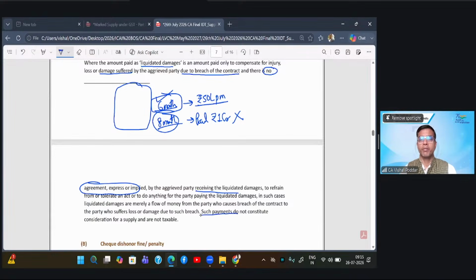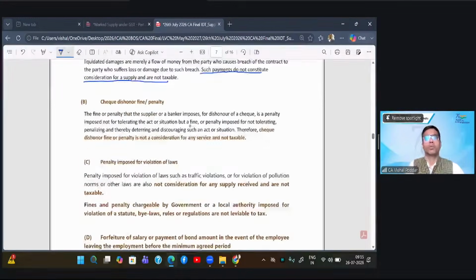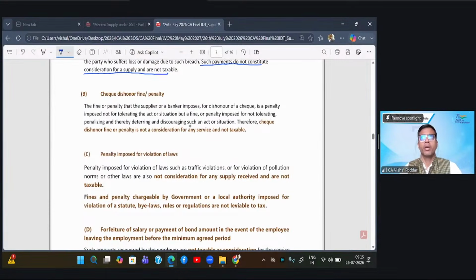So what is clarified firstly is that when I am merely compensated for my damage in the form of some penalty or liquidated charges, it will not be treated as a supply. What will be supply? When there is an express contract not to do something. Like I gave the example, I enter into a contract with you and I say you don't start an office in my area, and for that I give you 1 crore.